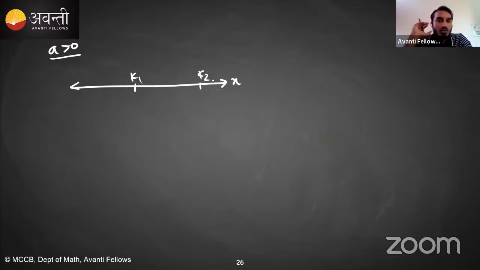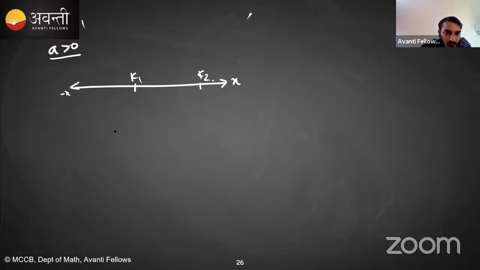Yes or no? दो रूट ही हो सकते हैं, दो से ज्यादा नहीं हो सकता. And for a quadratic expression with a greater than 0, at x equal to infinity, y is infinity, and at x equal to minus infinity y is infinity. So it has to start from infinity and get back to infinity again. Yes or no?